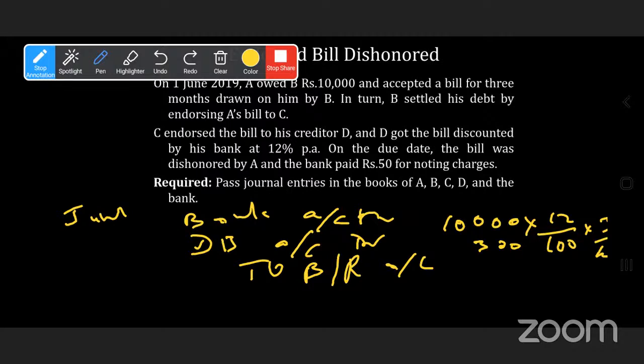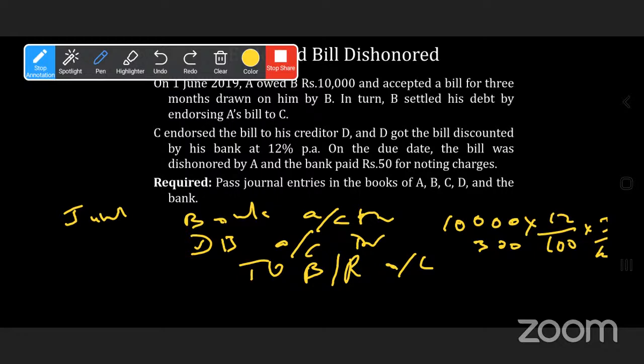So bank account debtor 9,700, discount account debtor 300, to bills receivable account 10,000. Ma'am, is the date September or June?